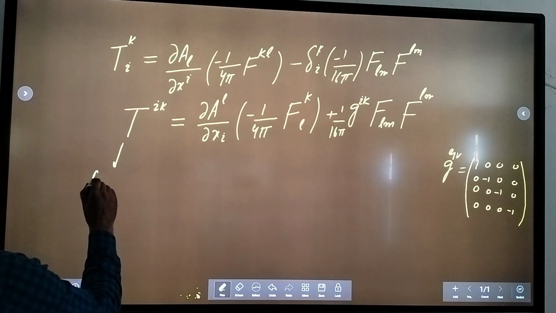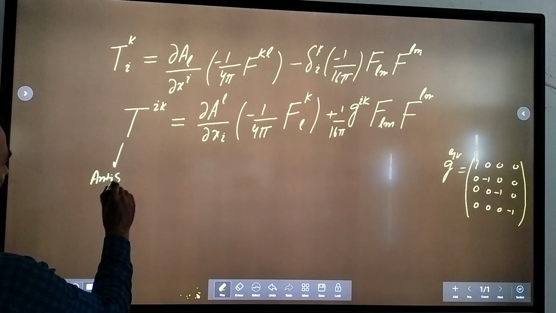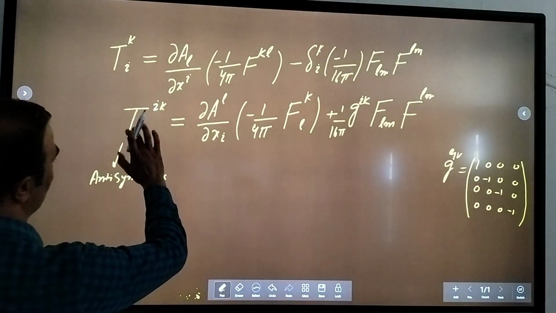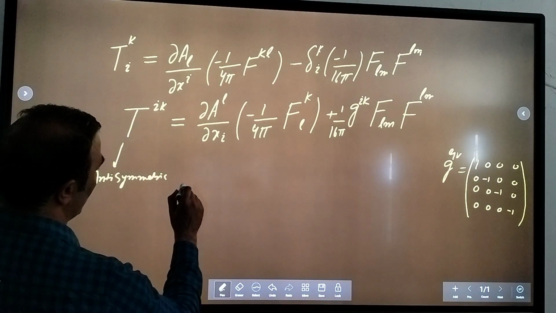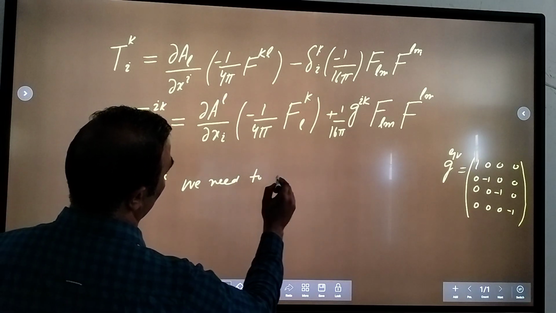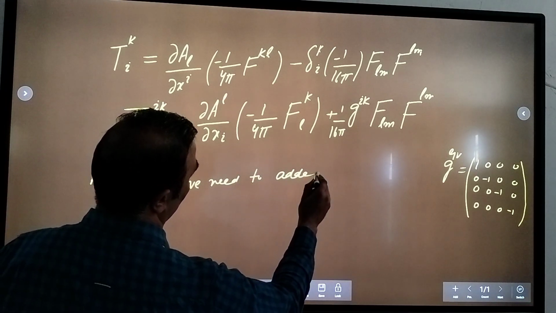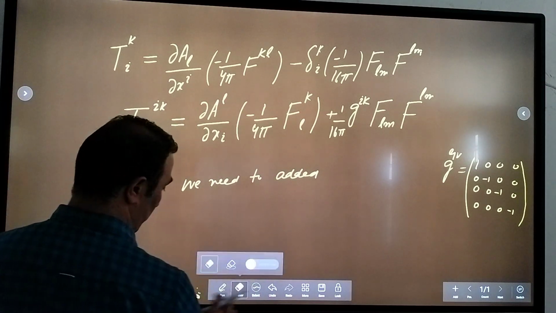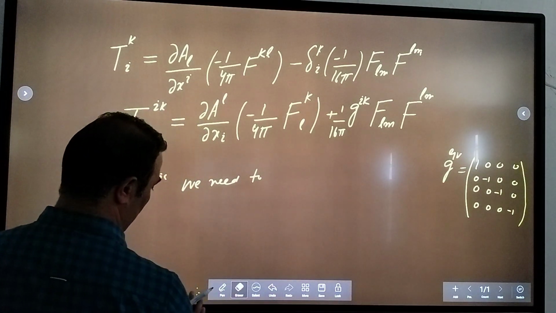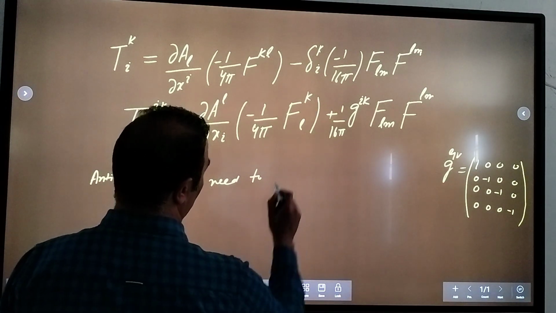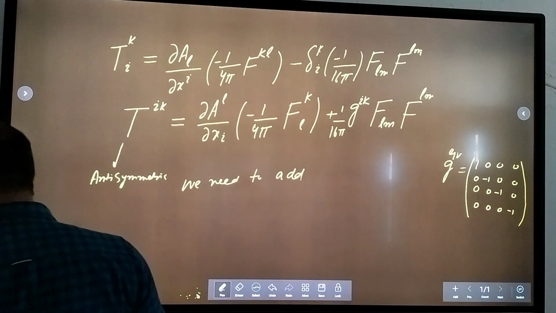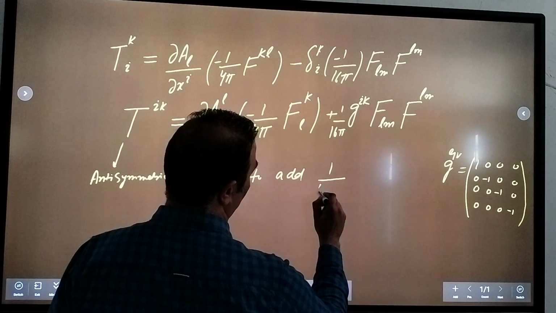Because this is anti-symmetric, to make this tensor symmetric, we need to add, so we'll add here that 1 by 4 pi.